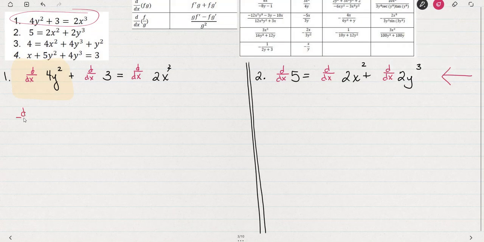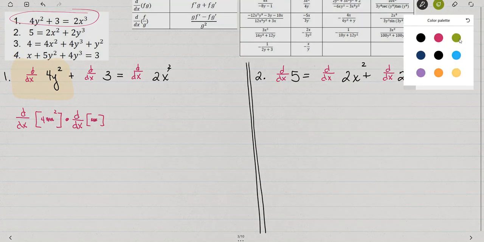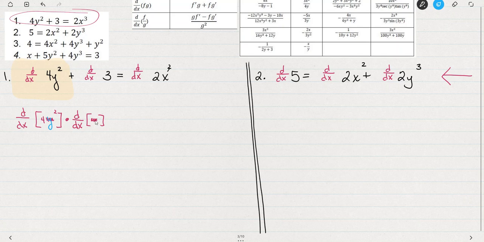It's like doing the derivative with respect to x of 4 times something squared, times the derivative with respect to x of that something. Now that something is of course this y. But you have to remember that the derivative with respect to x of y isn't just 1. So we have to chain it. So we'd multiply times that derivative. So this is what it would look like.